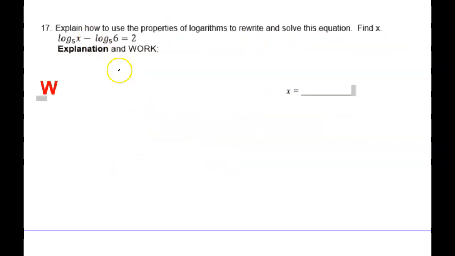Okay. This one says use the properties of logs. What is the property we need first? Yeah, condense. Division means, or I'm sorry, subtraction means division, right? Condense as division.